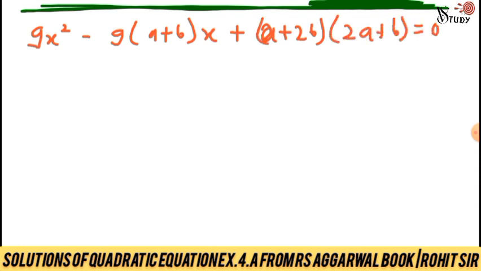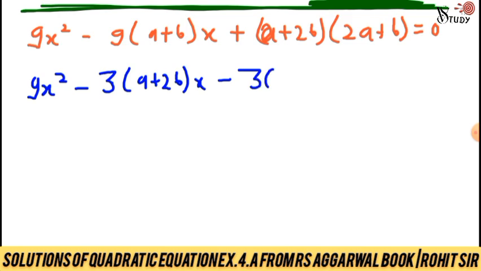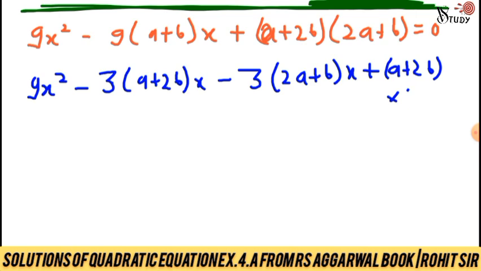Now solve this. Now we can write 9x square negative 3 into a plus 2b into x negative 3 into 2a plus b into x plus a plus 2b multiplied by 2a plus b is equal to 0.